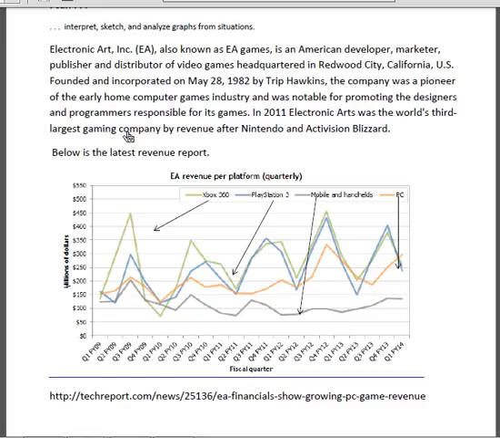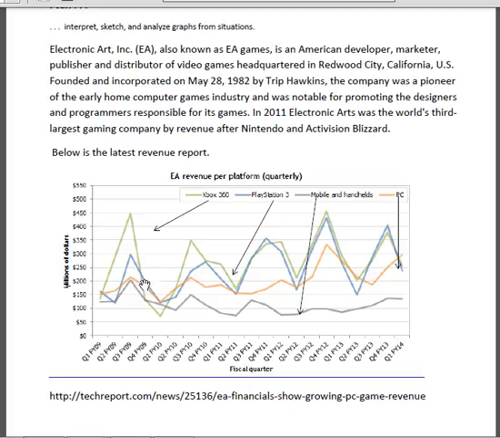The company was a pioneer in the early home computer games industry and was notable for promoting the designers and programmers responsible for its games. In 2011, EA was the world's third largest gaming company by revenue after Nintendo and Activision Blizzard. Below is the latest revenue report.